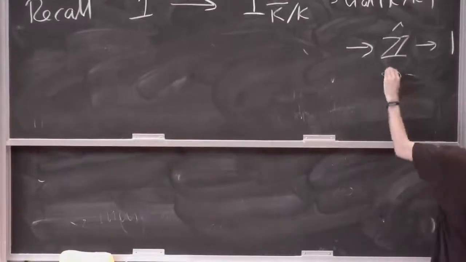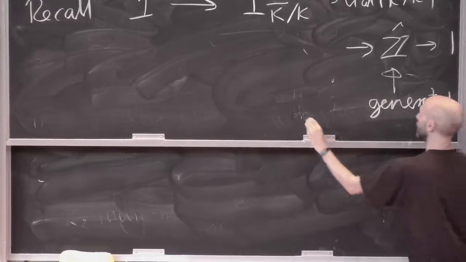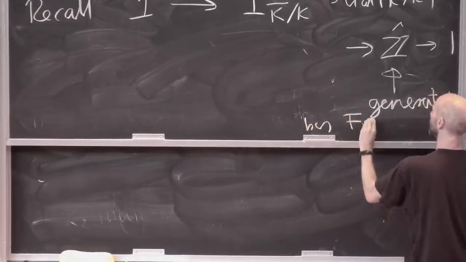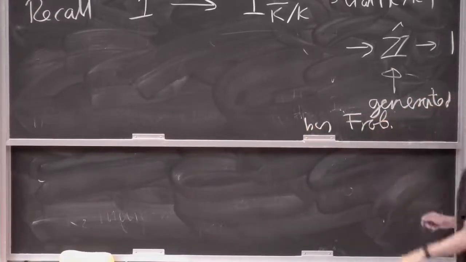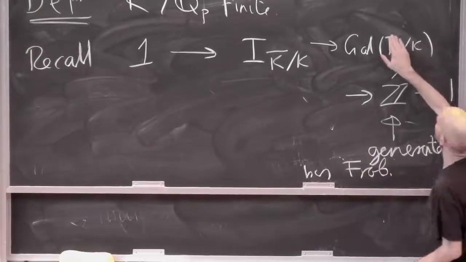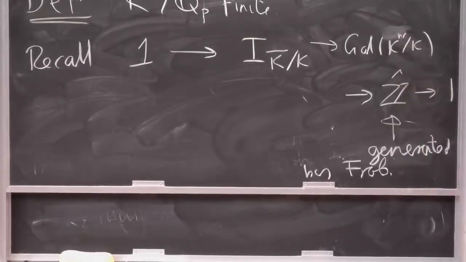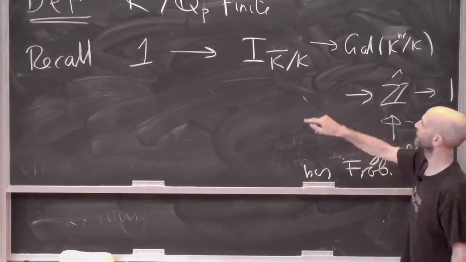So this is generated by some element called Frob. As I say, this is not right. This is K^nr, sorry, I made a typo. K^nr over K. This is generated by Frob. Frob is not really an element of Gal(K-bar over K).